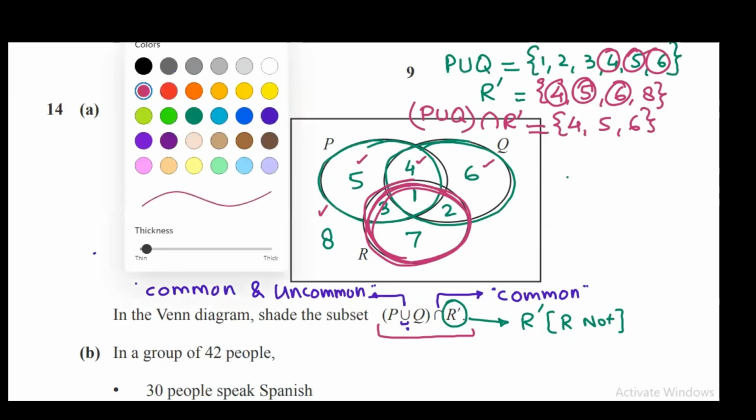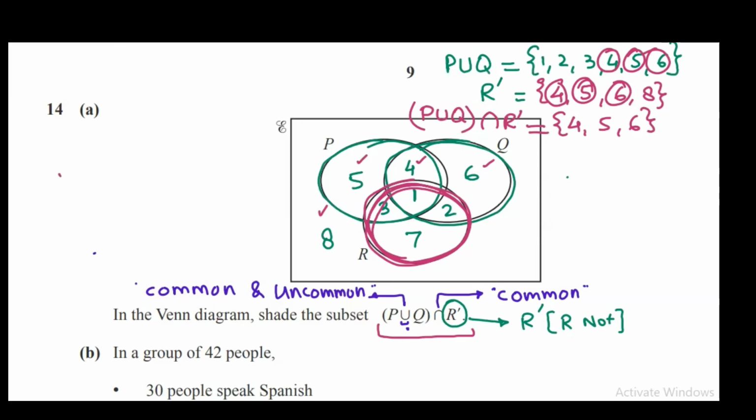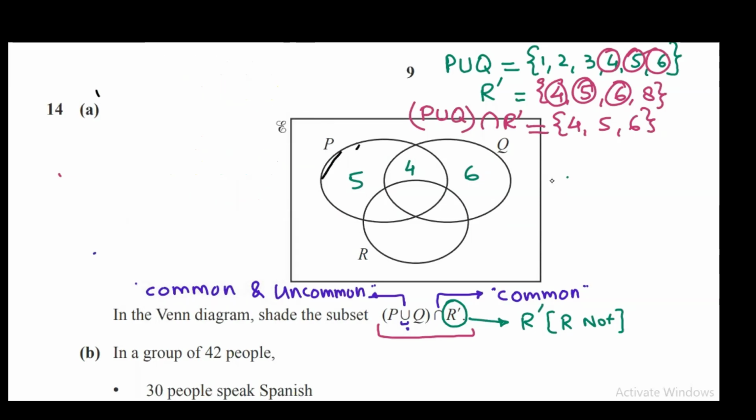So I'm going to shade the region, but before shading, you have to remove all the dummy numbers first. Be careful, 4, 5, and 6 are the region for this. So I'm going to shade this.